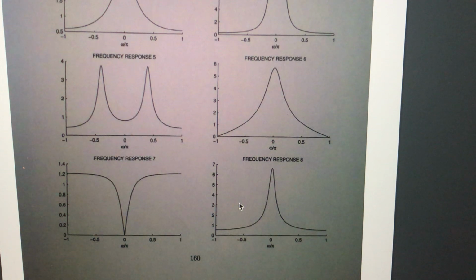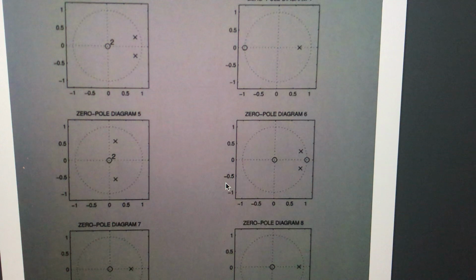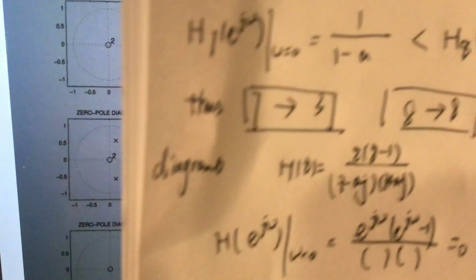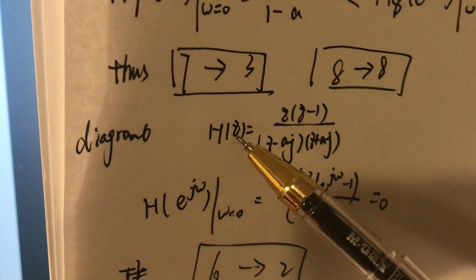Next, we'll talk about diagram 6. In this diagram, we could easily find that we have two zeros which are complex numbers. So we could get this function and apply e to j omega to this function.